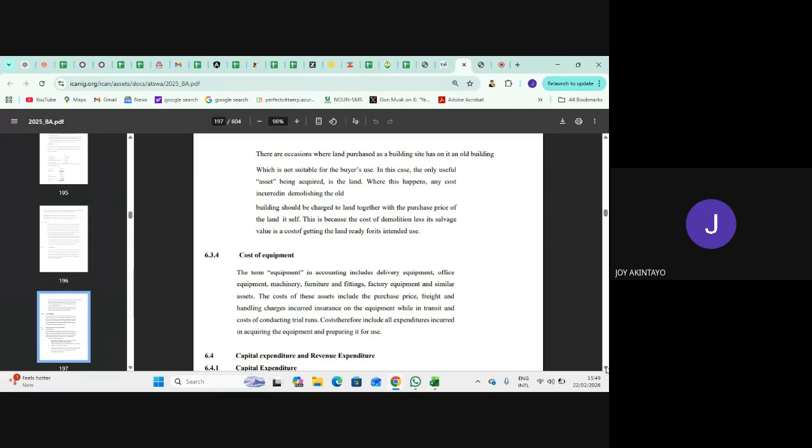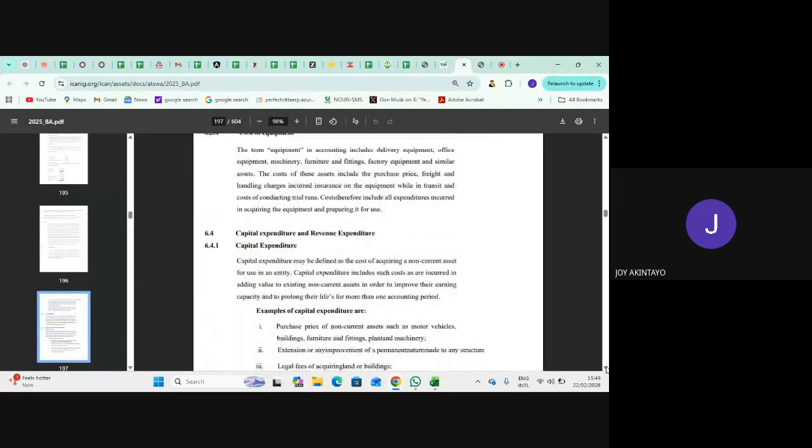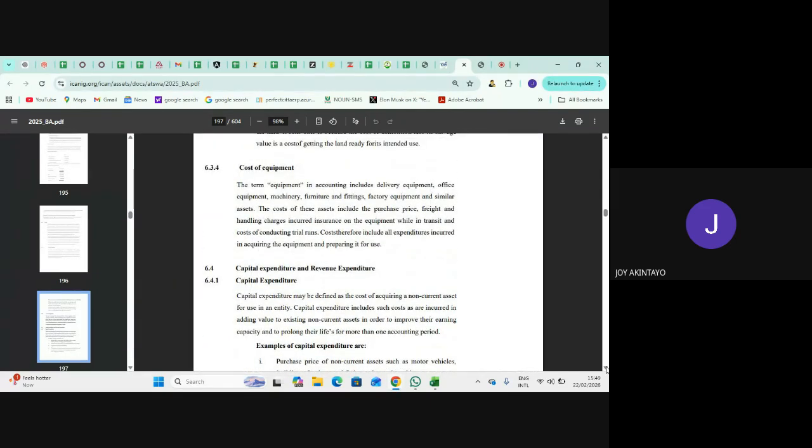When it comes to the cost of equipment, the term equipment in accounting includes delivery equipment, office equipment, machinery, furniture and fittings, factory equipment, and similar assets.